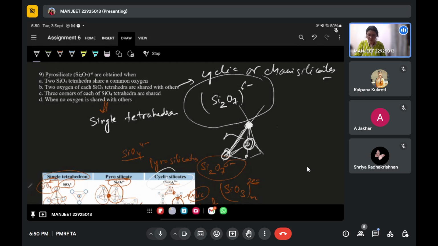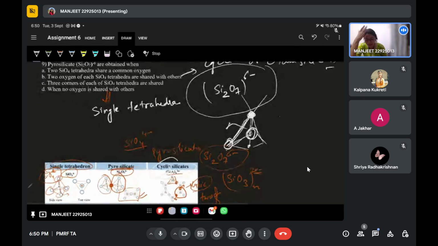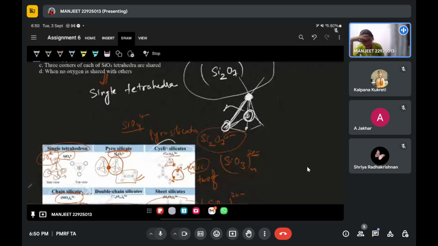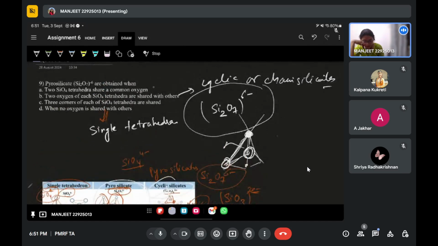Now in the first, the two SiO4 tetrahedra share a common oxygen. Yes, in the pyrosilicate, this oxygen atom is shared with the two tetrahedra. So in pyrosilicate, two silica tetrahedra share a common oxygen. So A will be the right answer.